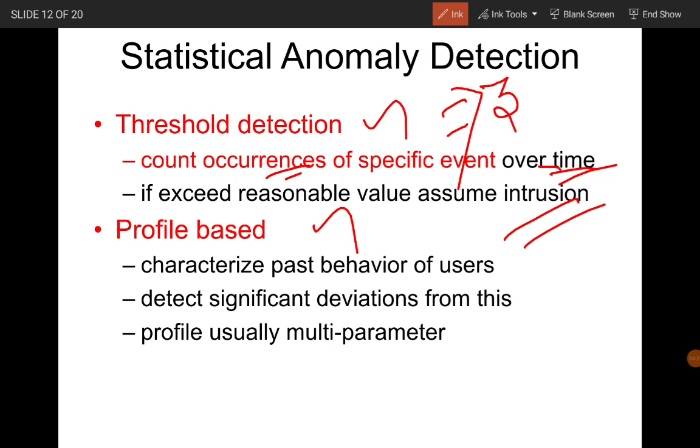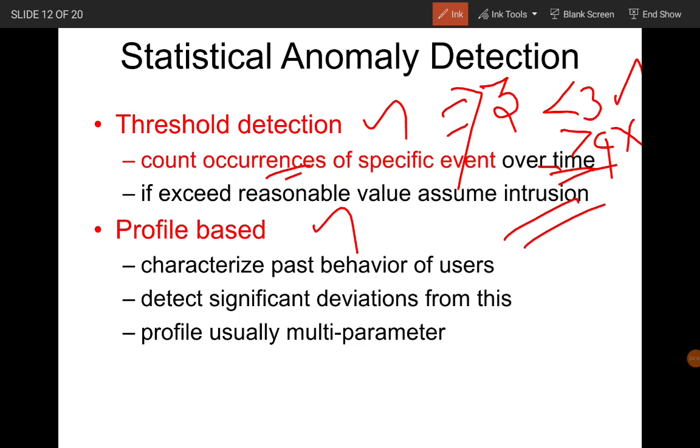If the number of file openings is less than 3, then he is a legitimate person. If the attacker tries to open the file more than 3 times, then the system assumes that he is an intruder. Like that, we can fix a threshold for every event.